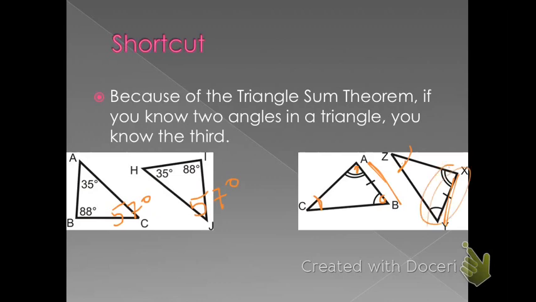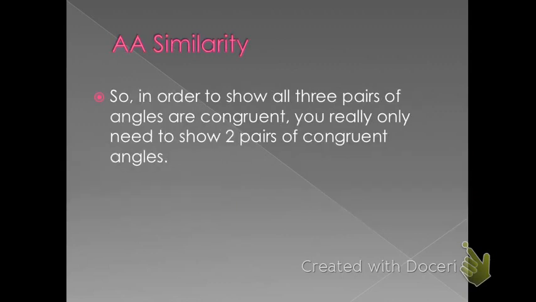So when I subtract these 2 from 180, I'm going to get the same answer for Z as I did for C. So this means that triangles have an even further shortcut. Instead of showing that 3 pairs of angles are congruent, you really only need to show that 2 pairs of angles are congruent.